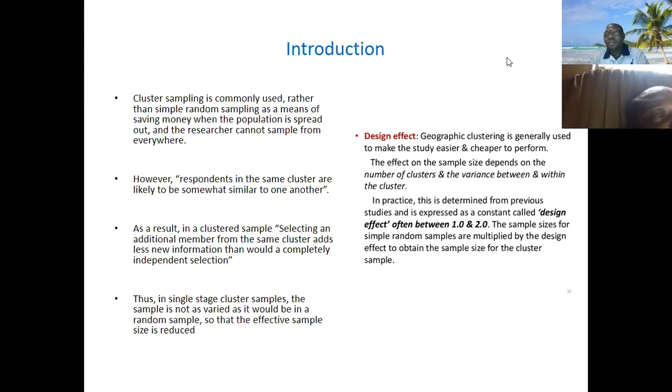Some time ago, WHO gave the recommendation that this clustering can actually be used. They call it area sampling, where you sample a particular geographical area, pick a particular village or hamlet, and collect data from all the elements.